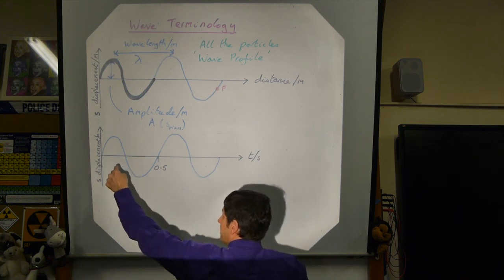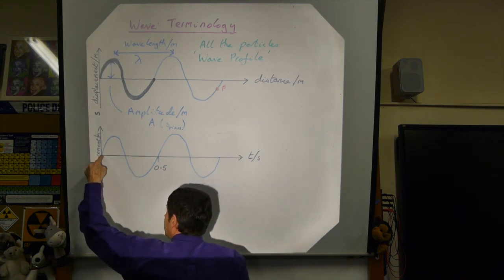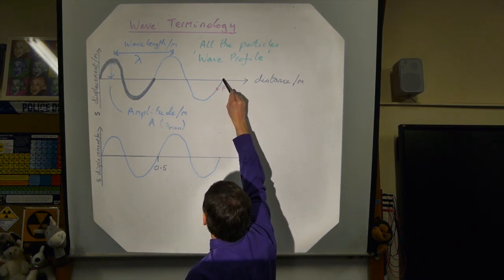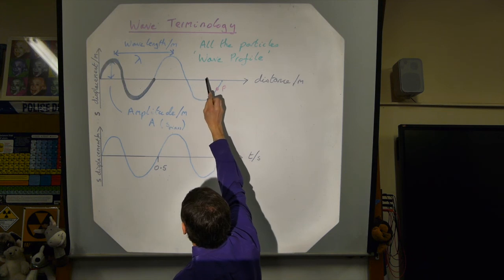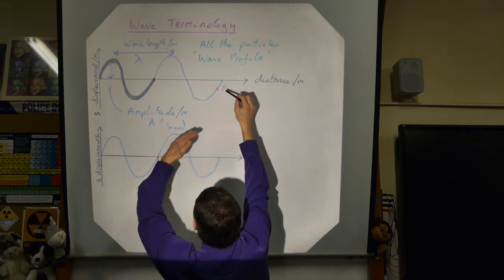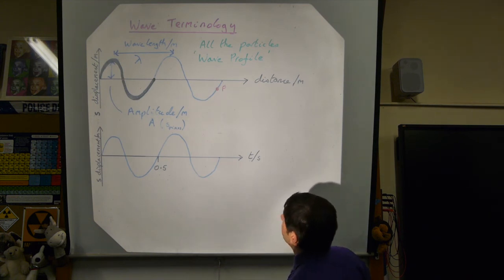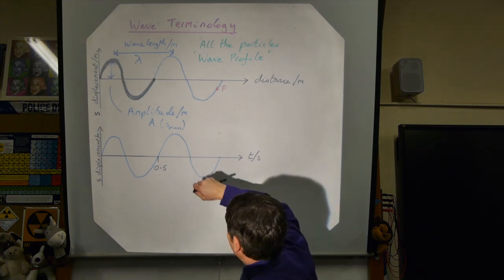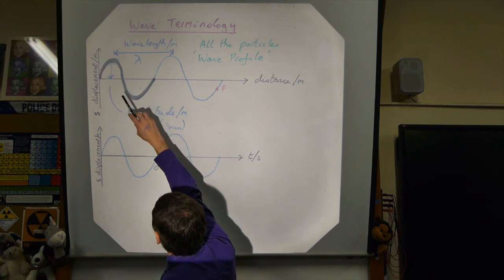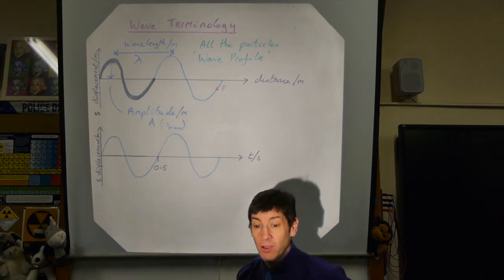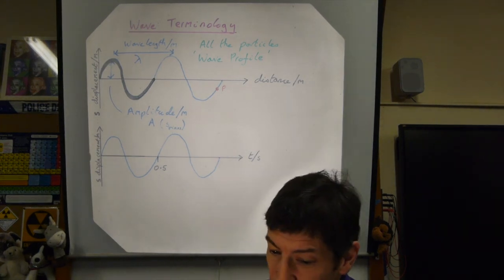In other words, we're looking very closely at just one position on the wave. Now, clearly, because we start the stopwatch here, it's not that particle, it's probably a particle just here. Hang on, sorry, let's get it right. A particle that's going to rise up first, not going to a trough first. So I suppose you could imagine it as a particle on the wave that's just about to lift up. Okay, so we've got this diagram here.